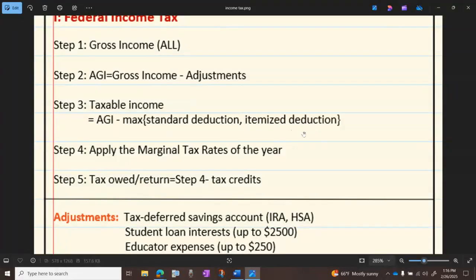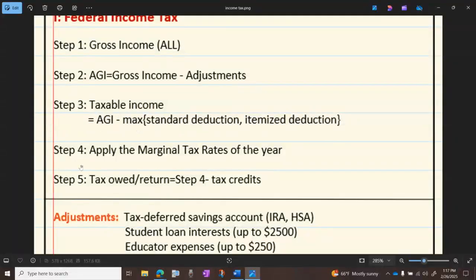So far, I never do itemized deduction because it's very low. I always choose the standard deduction. But for rich people, they have a lot of itemized deductible items, for example, donations, right? Yeah, that's a very big one. And then they choose itemized deduction. So everybody is different. The important thing to know is you can only choose one of them. Okay, this one or this one, exclusive or. You cannot do both. So once you determine your deduction, you subtract your deduction from AGI.